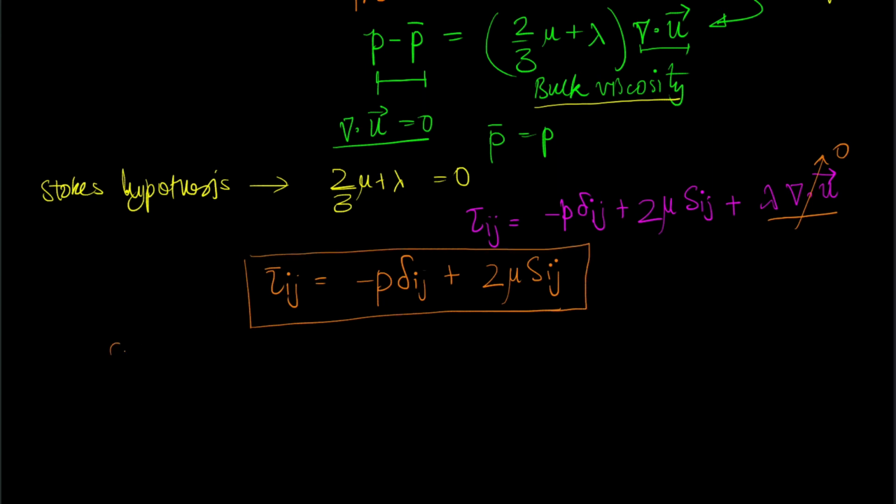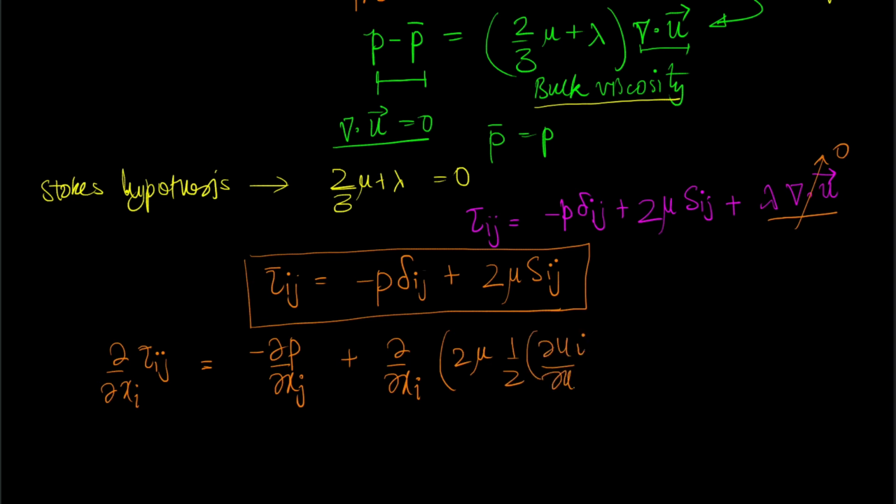Now when we take a divergence of this, essentially the right hand side of the Cauchy momentum equation, the first term will give minus del p del xj, while the second term will give del xi of 2 mu sij. So sij is half del ui del xj plus del uj del xi.